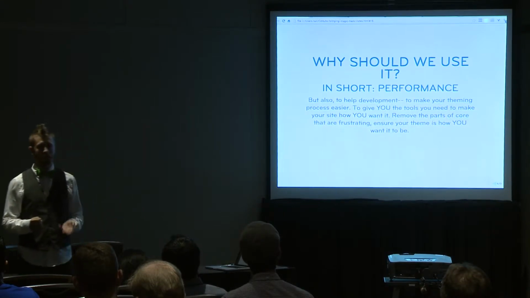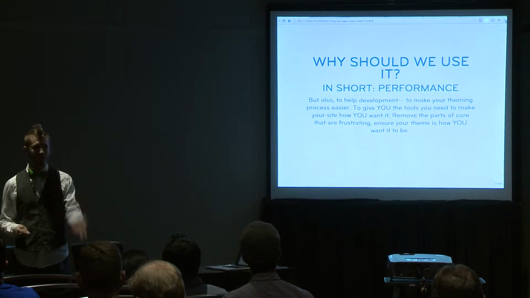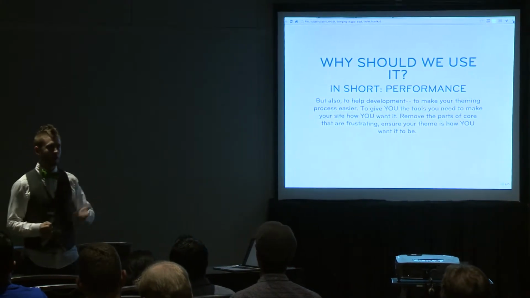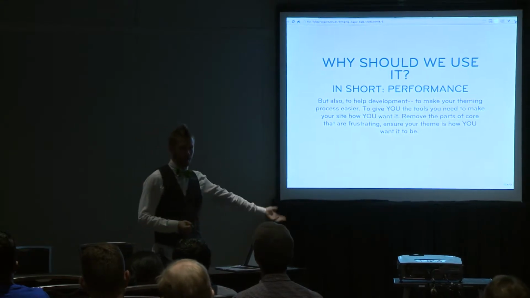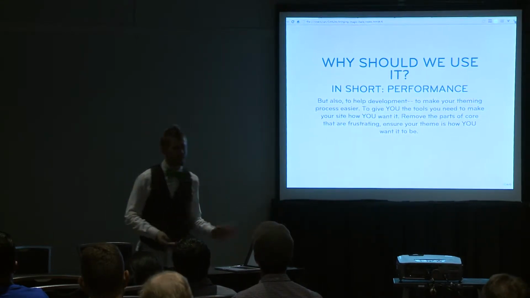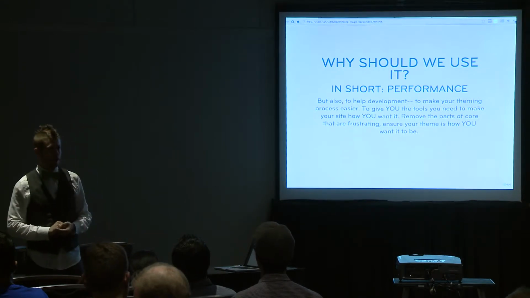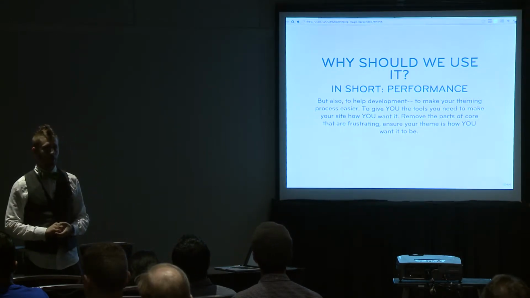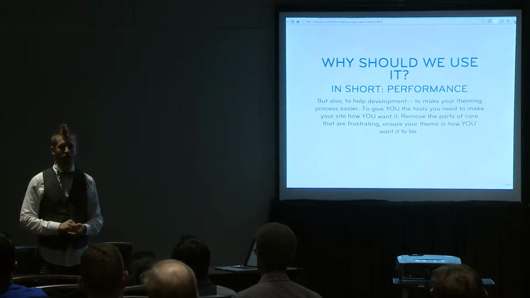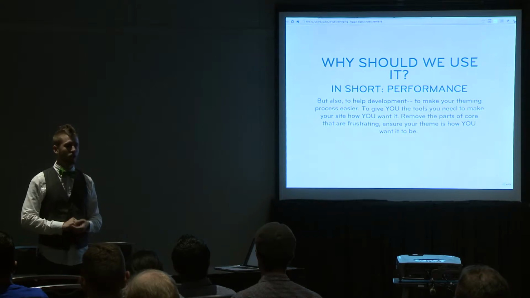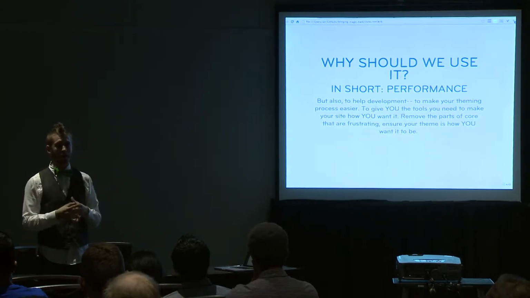You can quickly remove parts of core that are frustrating, making your theme how you designed it, not how the developers who wrote Drupal core CSS however many millennia ago, or several years, same thing, wanted it to be. And it was developed by front-end people who had been theming over and over again and wanted these things, and were just trying to do them themselves, and them all coming together to build it.